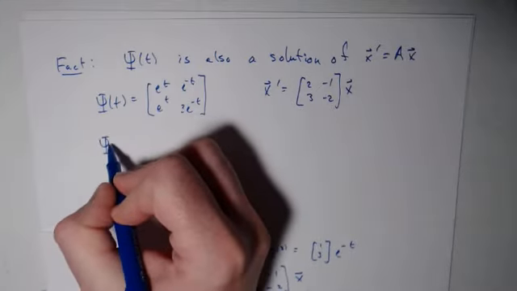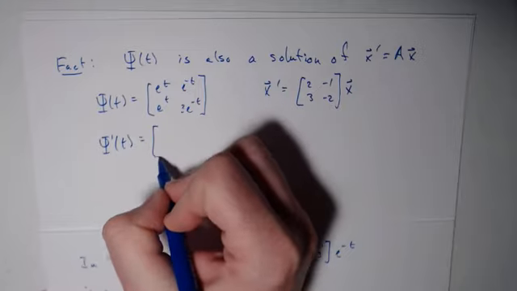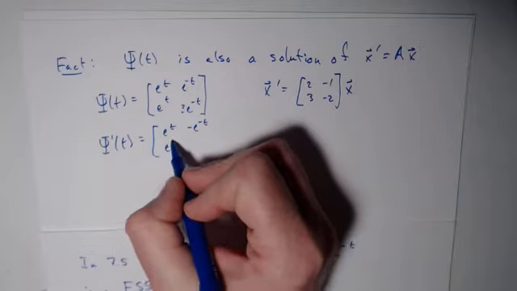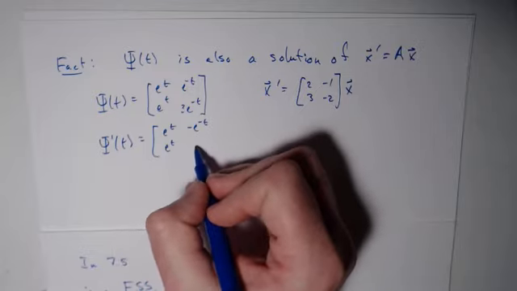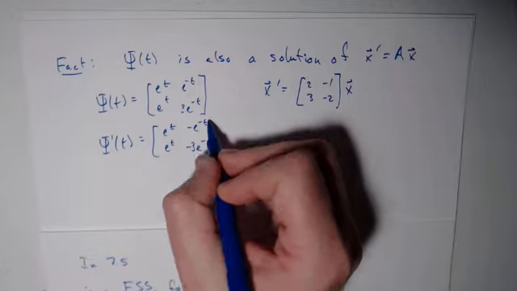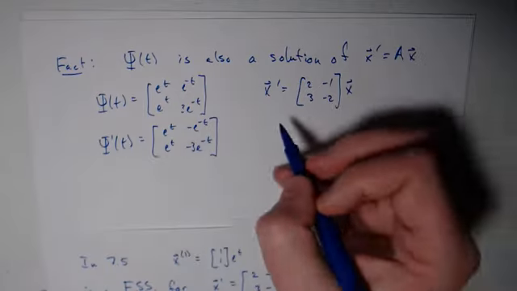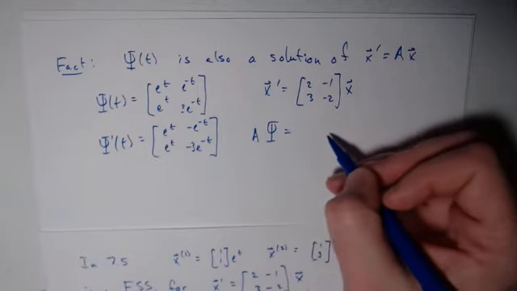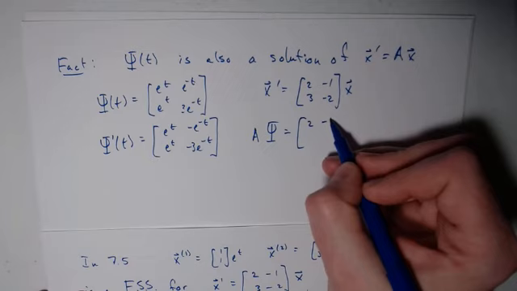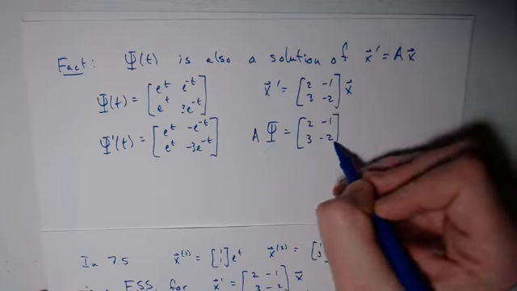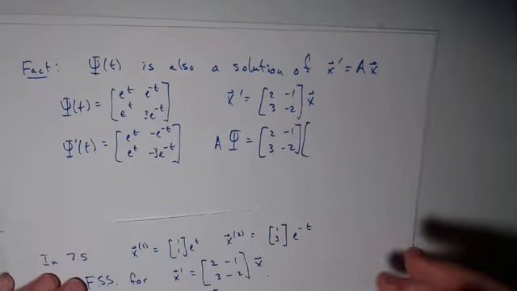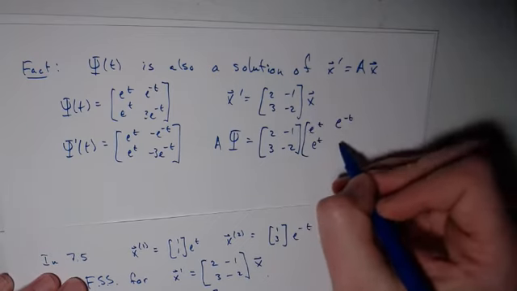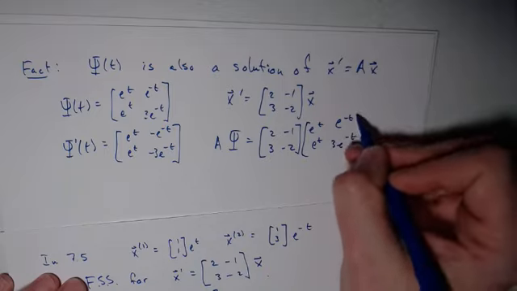So psi prime of t is equal to e to the t, minus e to the minus t, e to the t, and minus 3 e to the minus t. And A times psi is equal to (2, -1; 3, -2) times e to the t, e to the minus t, 3e to the minus t here.